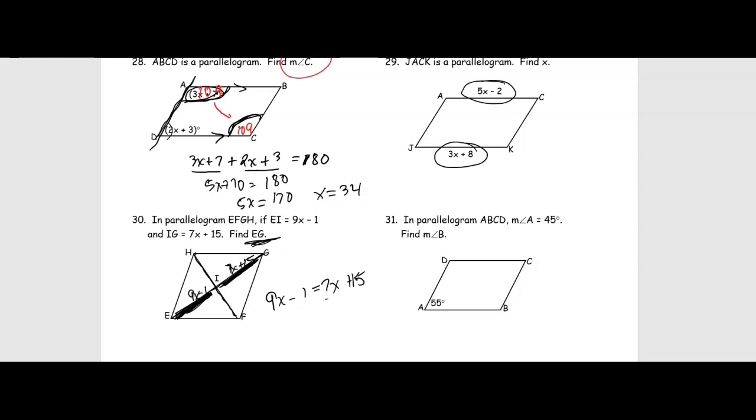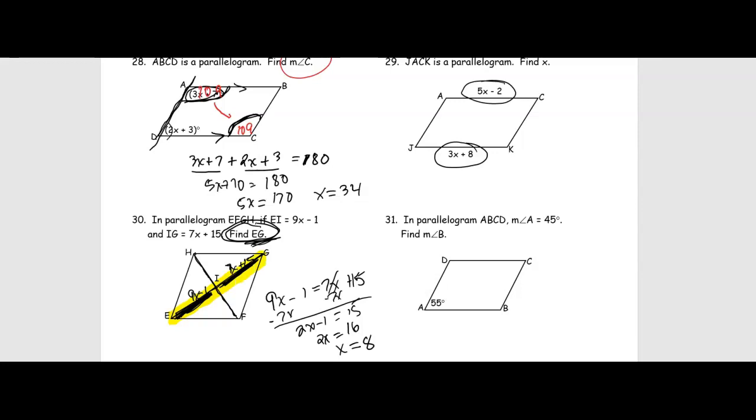So we subtract 7x. So 2x minus 1 equals 15. 2x then, if you add your 1 over, equals 16. X equals 8. Notice we're not looking for just x. We want EG. EG is this whole length.